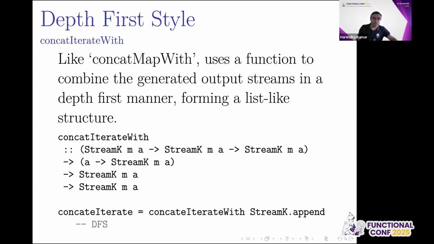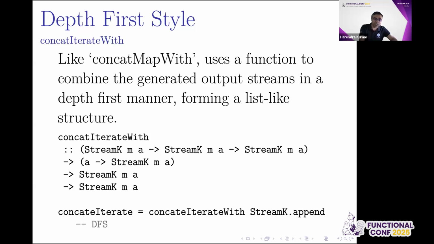In the same manner, we have concat iterate with, which will take a combining function, which combines two streams and generates a stream. Now, this combining function is used to combine the streams generated by this function mapped over the input stream. This function is going to generate streams from each element of the input stream, and those streams are combined in this manner using this function.